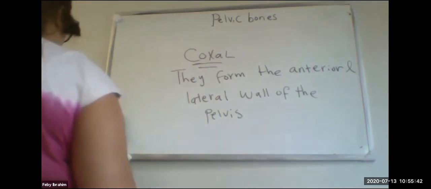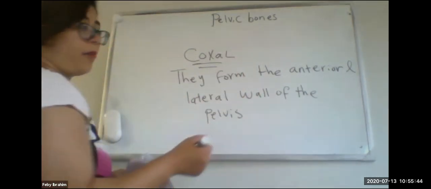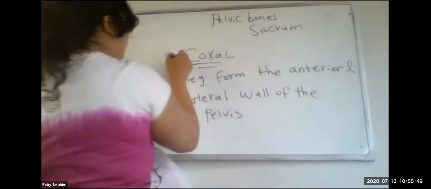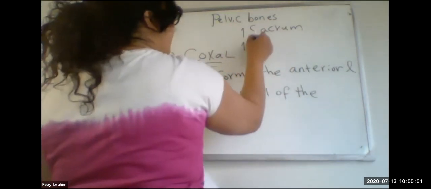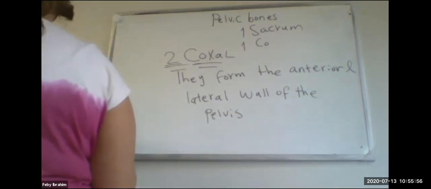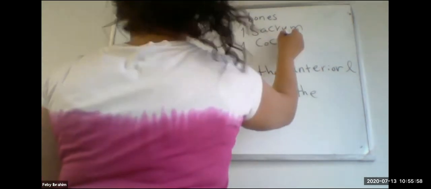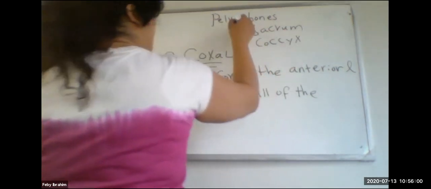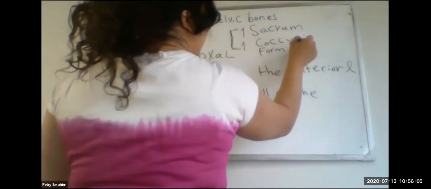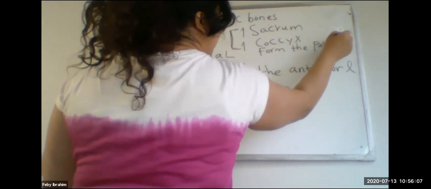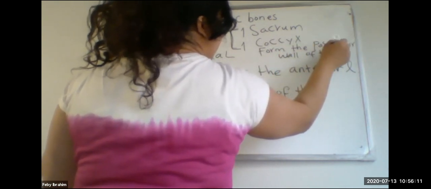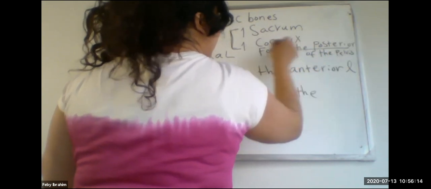Then we have the sacrum and the coccyx. Remember, we have two coxal, one sacrum, and one coccyx. These two form the posterior of the pelvis.